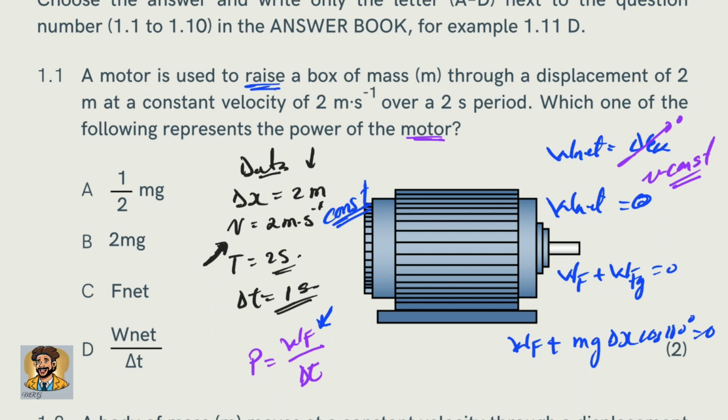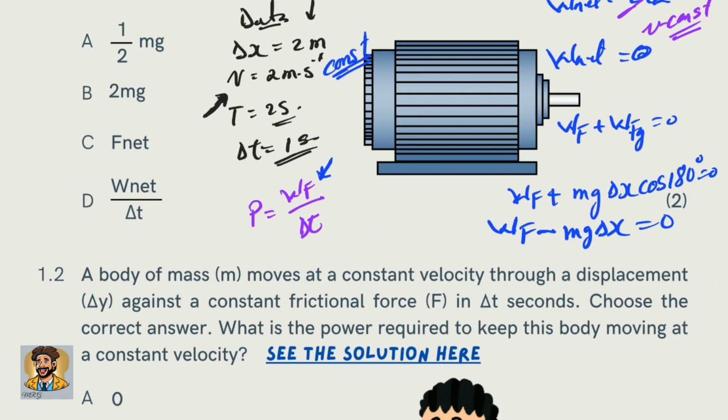That is why this angle is 180 degrees, all that is equal to 0. The cosine of 180 is minus 1, remember that one. So the work done by the force minus mg displacement is equal to 0. Therefore, the work done by the force is equal to mg delta x.